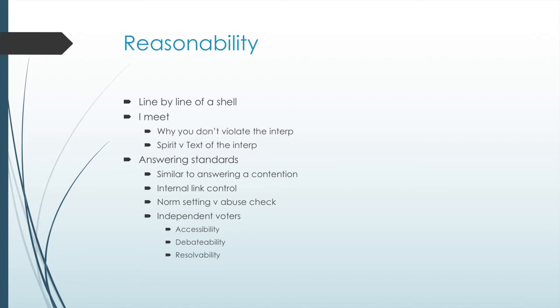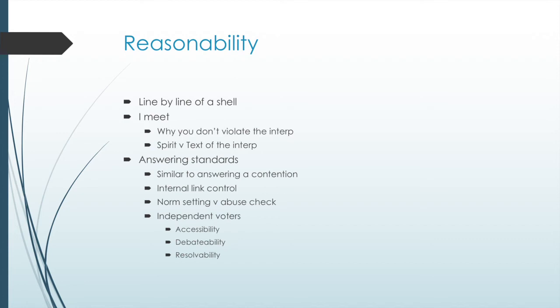However, that still leaves the door open to our opponent to make norm-setting claims, even though they're much weaker if there's no abuse story. But we still want to make sure that when we're giving our reasonability explanations, we hit on the fact that norm-setting is false, or that norm setting is not necessary, or that their rule is independently bad, which means that setting it as a norm would be a bad thing.